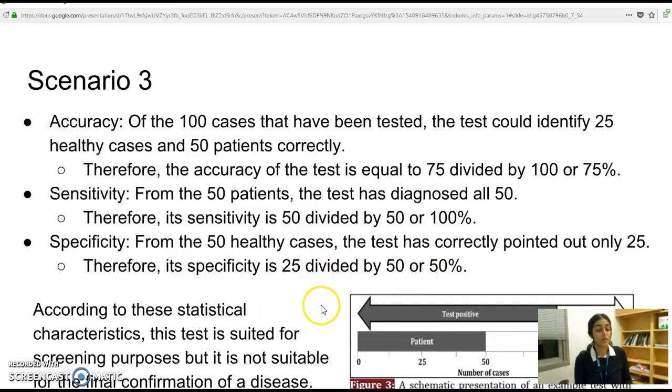So when there's high sensitivity and low specificity, this test is suited for screening purposes, but it is not suitable for the final confirmation of the disease, as you can see in this schematic.